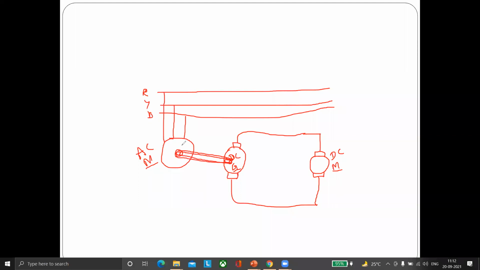This motor starts, and at the same time this generator also runs, because these two are connected mechanically. Is it right or not? Yes, right.